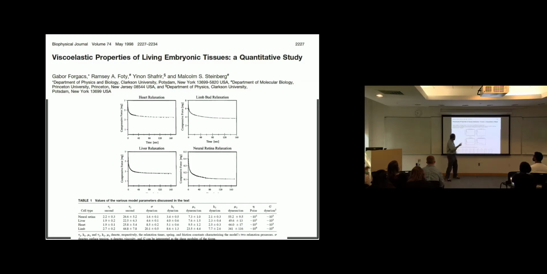And again, here too there are two time scales. One of the time scales is about 2 seconds, the other is about 10 seconds. So typically, most biological materials, whether it is a building block like a collagen fibril, or the tissue itself, or the cell itself, typically have a relaxation time scale of the order of a few to 100 seconds.